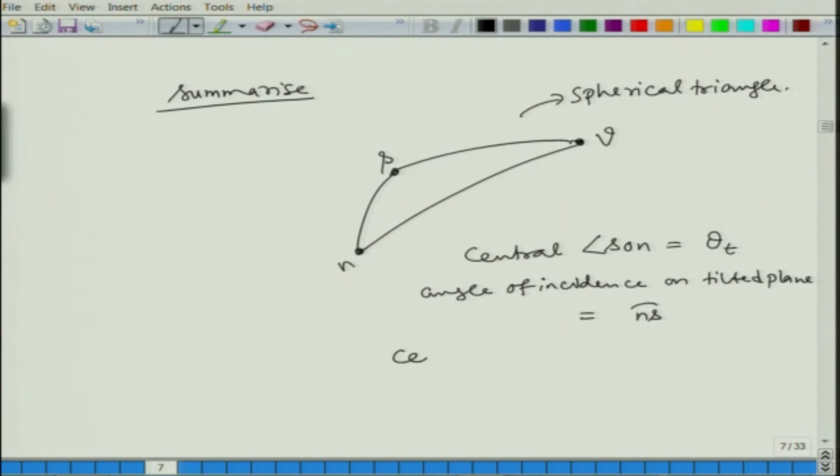Similarly, the central angle SOV is our zenith angle theta z, and that is again the arc that we subtend, that is SV. Okay.